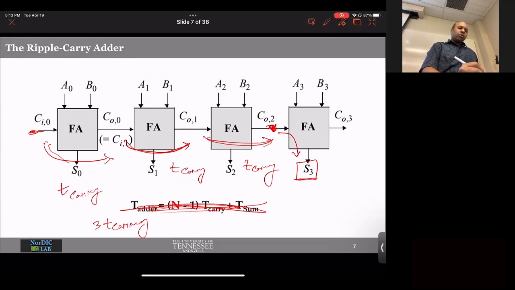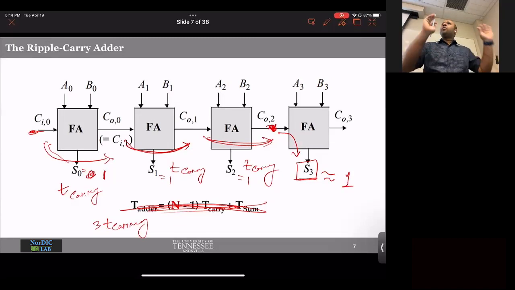Let's see. Maybe you know the answer for S0, which is 0. S1 is 1. S2 is 1. Say, maybe this is also 1. But S3 hasn't arrived yet. Do you know the full answer yet? No. You are waiting on S3. The moment S3 arrives, done. Addition complete, right?